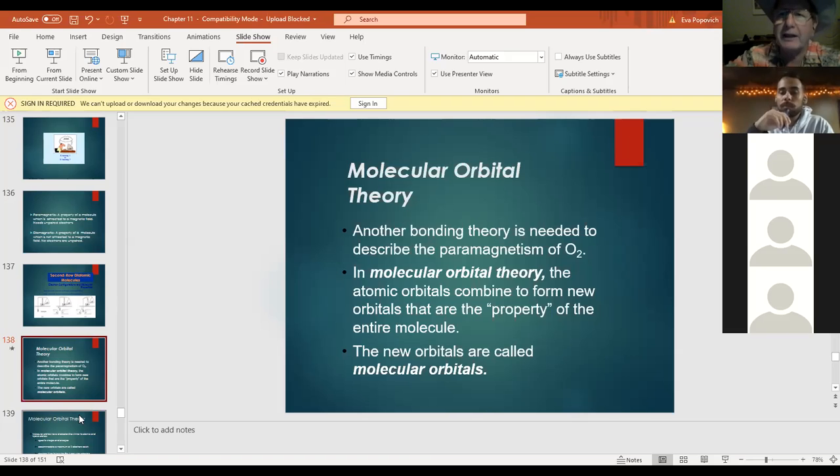We make molecular orbitals rather than atomic orbitals. Even in hybridization, we're still talking about the hybridization about the atom, are we not? So when we're dealing with molecular theory, we're making whole new orbitals, which are the property of the molecule and not the atom.